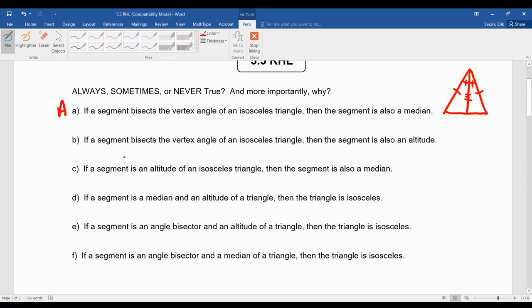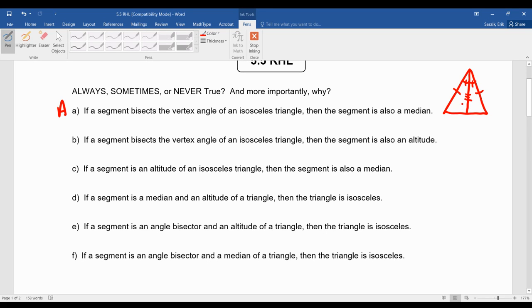Now, let's look at this next one. If a segment, this is the same diagram, if a segment bisects the vertex angle of an isosceles triangle, you're going to have the same situation where these two triangles are congruent. Now, this next thing kind of involves something that we're going to do in the next chapter, but you can still intuitively see it.